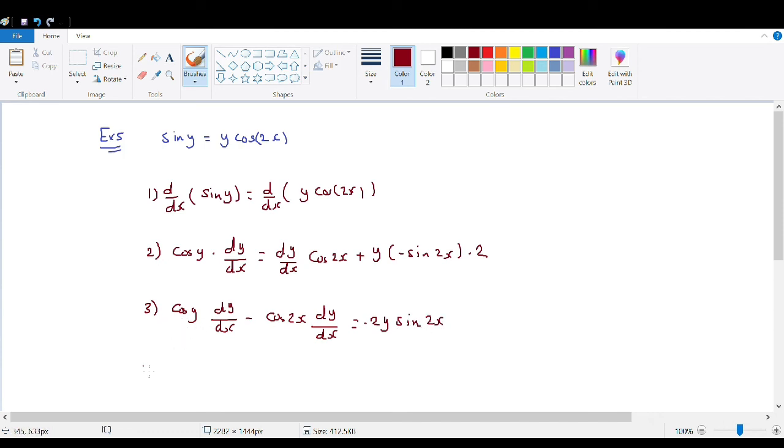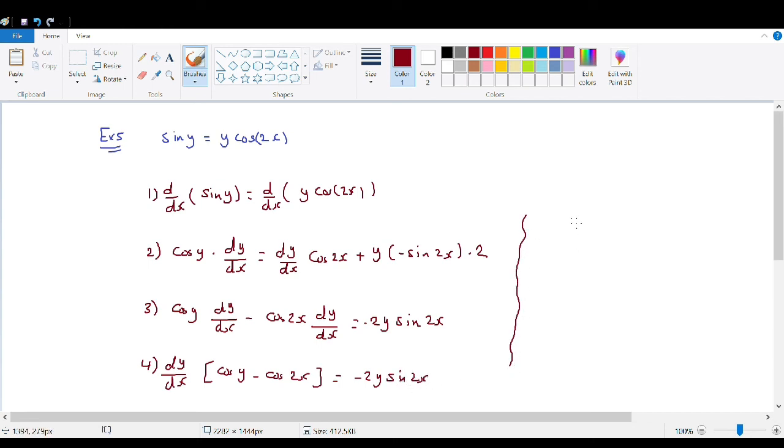Then we need to take dy over dx as a common factor, so dy over dx, then here we have cos y minus cos 2x. This will be equal to minus 2y sin 2x.